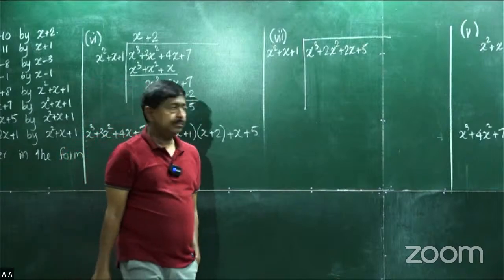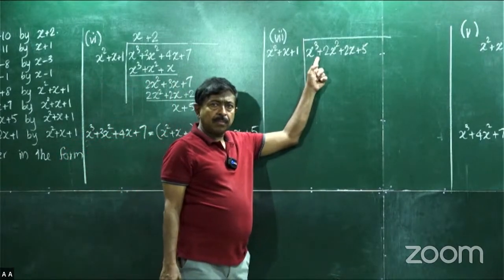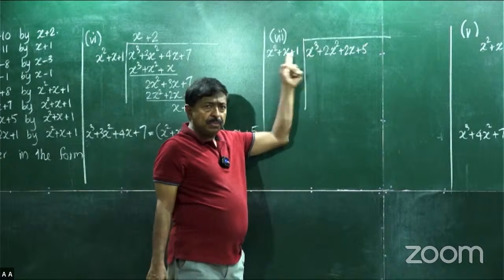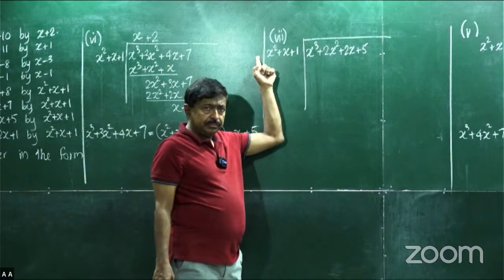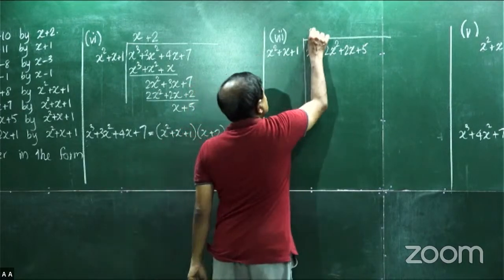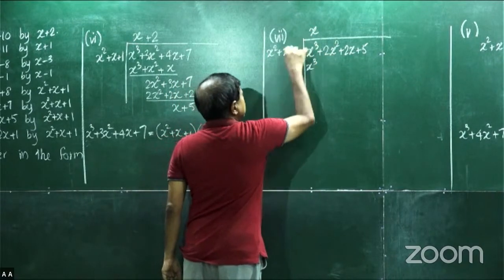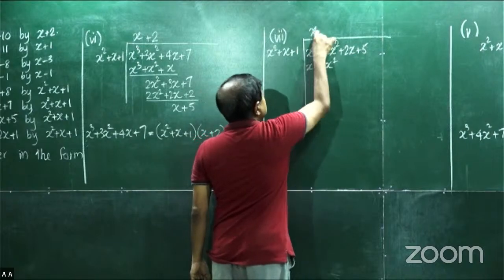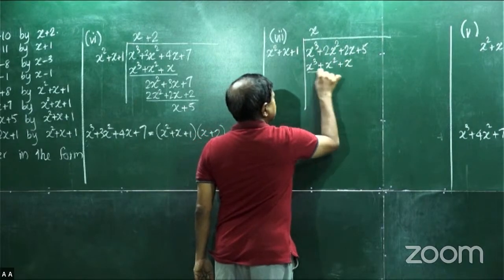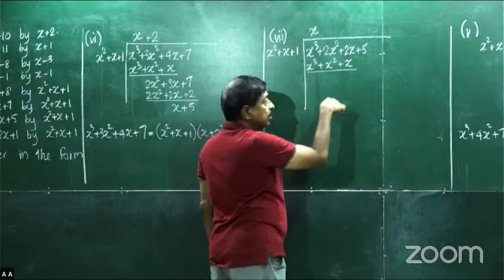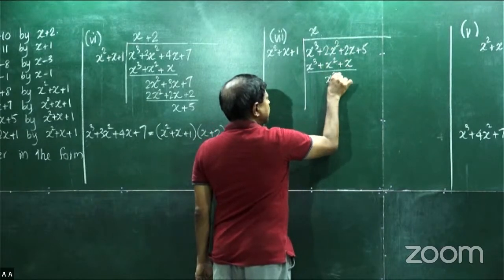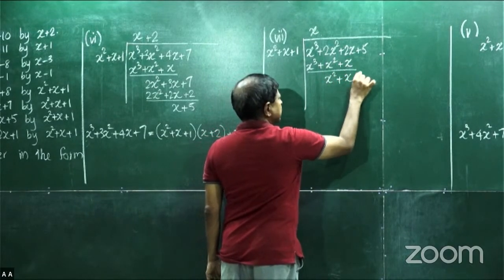Right. Now divide the x cube by x squared. You get x. Now multiply x cube plus 6 squared plus 6. Subtract. When you subtract this one, you get x squared. Here you get x. Here you get 5.